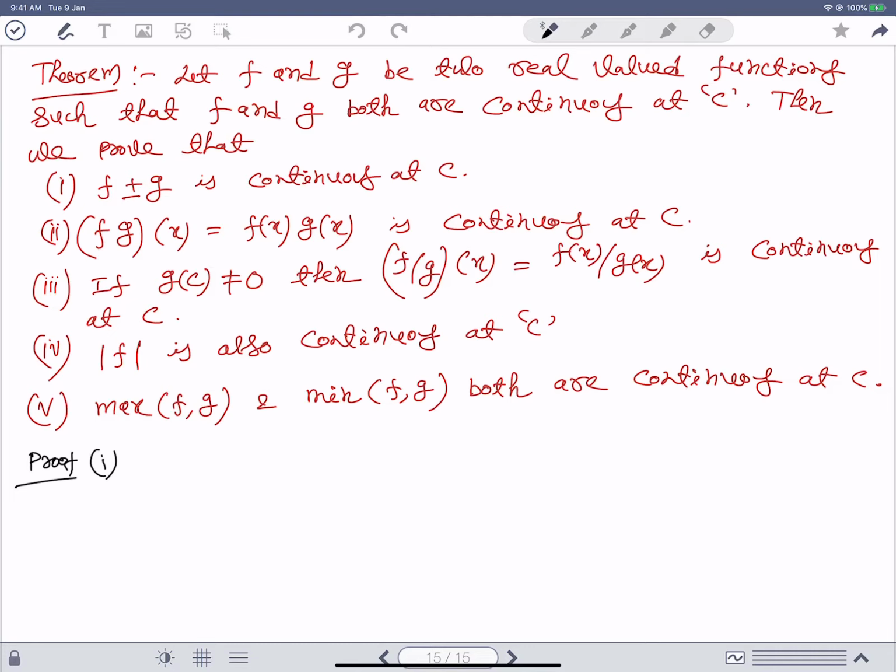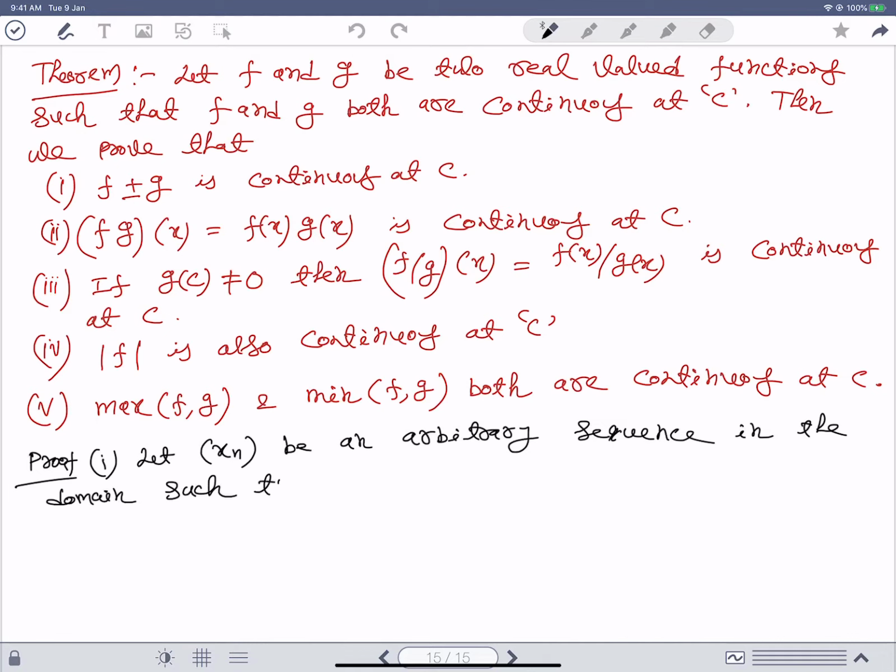So first of all, we have to choose one arbitrary sequence xn in the domain such that xn converges to c, right?